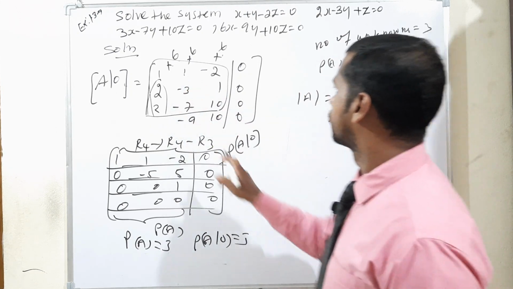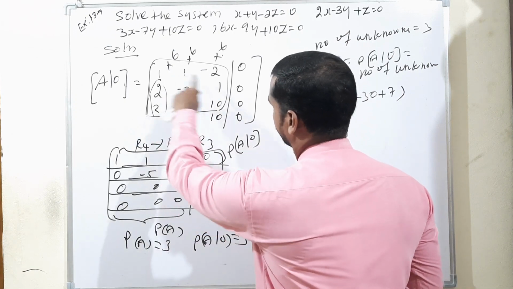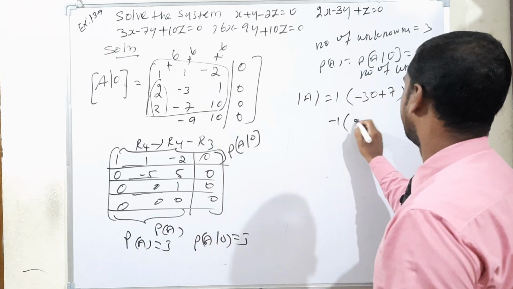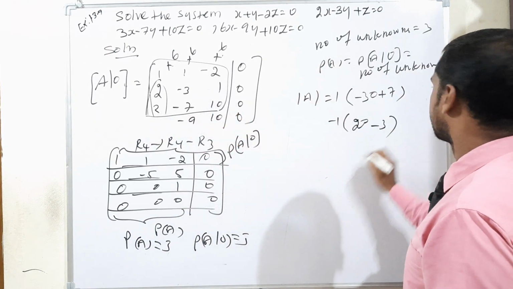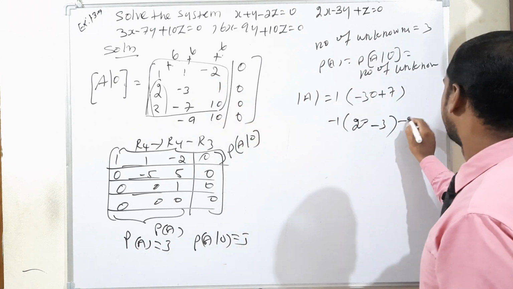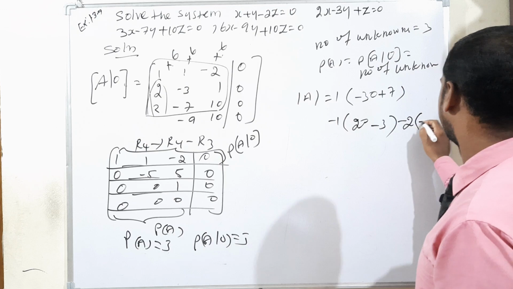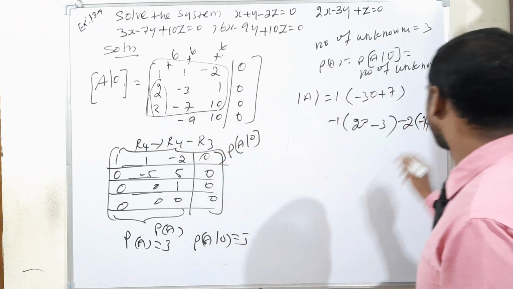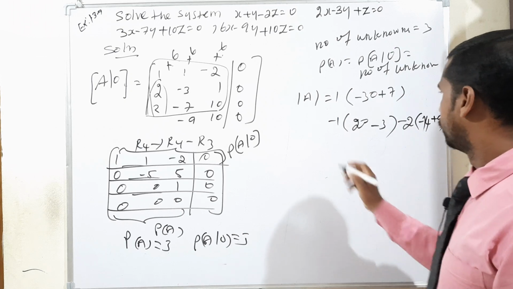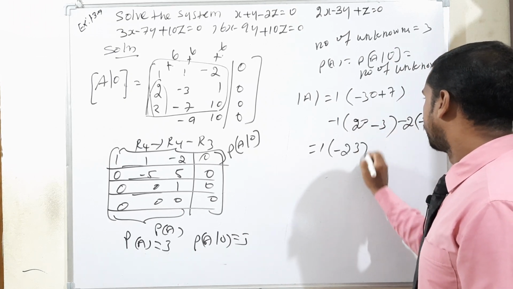So minus 1 means, skipping its row and column, what will happen? Column 2 into 10, 20. Again cross multiply means 3 into 1, minus 3. Last term, minus 2 is there. Minus 2 means 2 into minus 7, minus 14, isn't it? Minus 14 cross multiply means positive 9. So 1 into minus 30 plus 7 means minus 23.